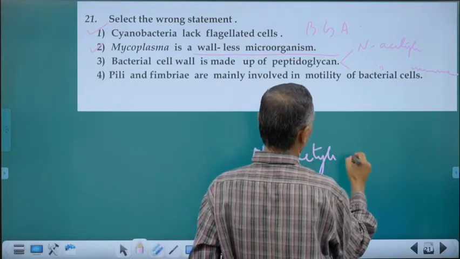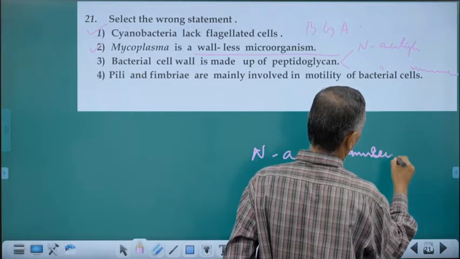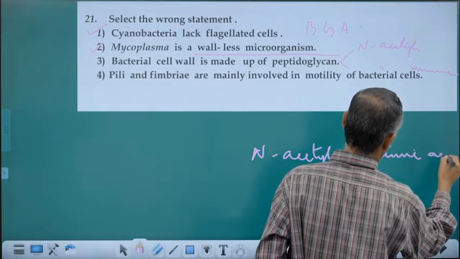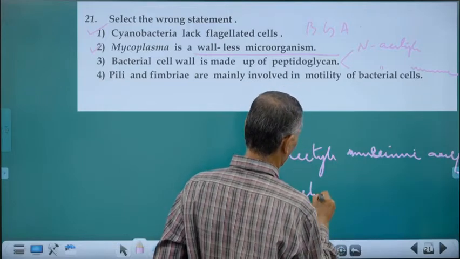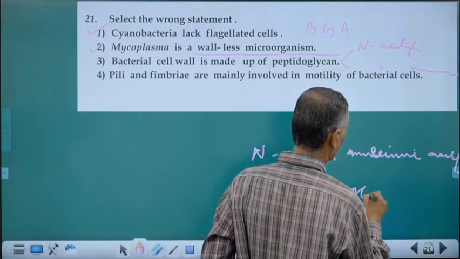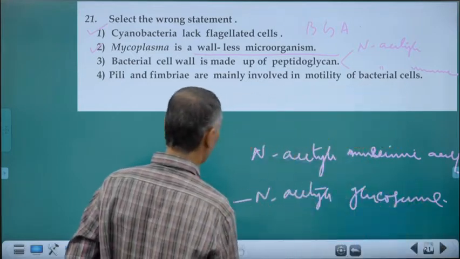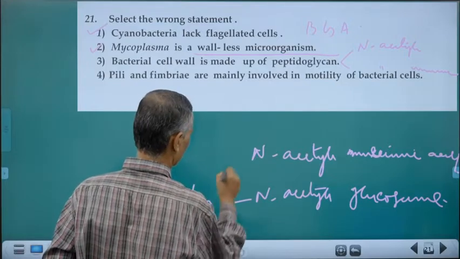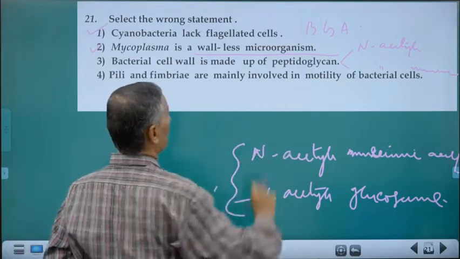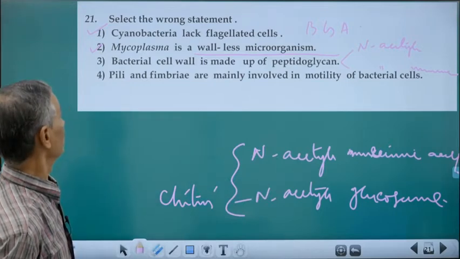N-acetyl muramic acid and N-acetyl glucosamine. N-acetyl glucosamine polymer is called chitin. This is peptidoglycan, also called murein. That's correct.